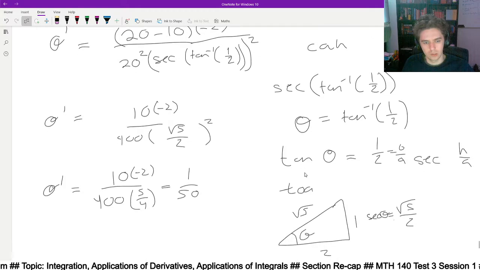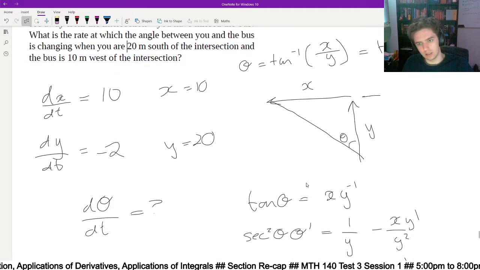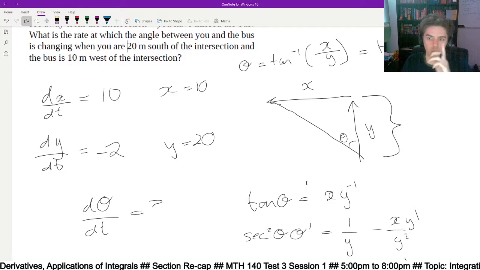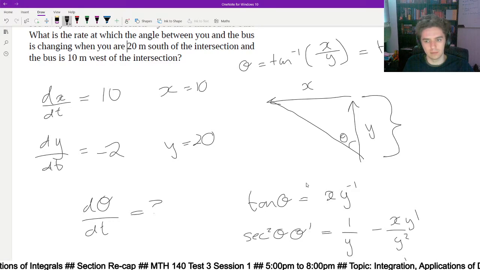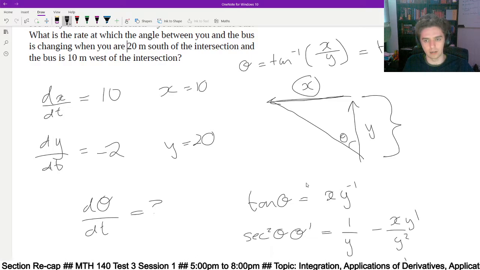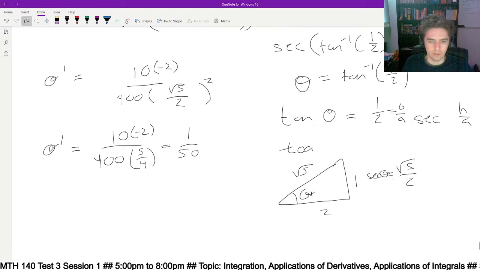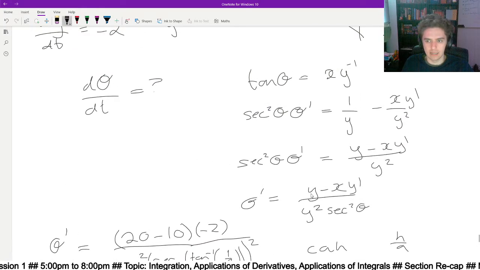Why would it be negative 2? Well, because the value of the variable y is getting smaller because you're running up towards the corner. Right? X is positive because that value is getting bigger. That length is getting bigger. When you differentiate, did you have any x primes? I don't think you did, right?